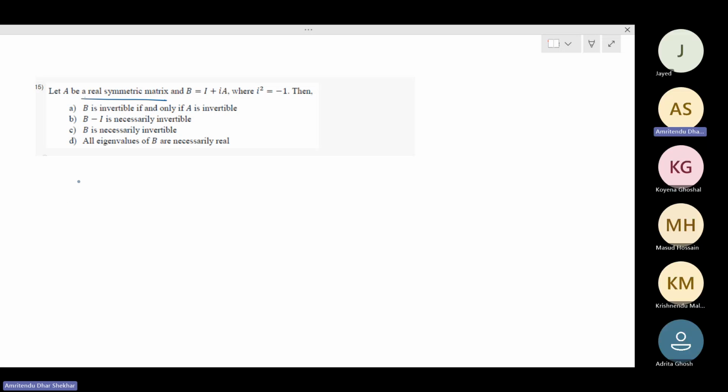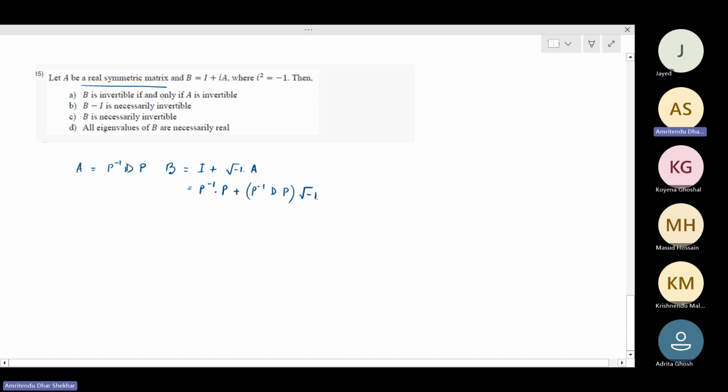So we can write A equal to P inverse D times P. Then B, which is equal to I plus root minus 1 times A, can be written as P inverse times P plus P inverse times D P, multiplied by the square root of minus 1.